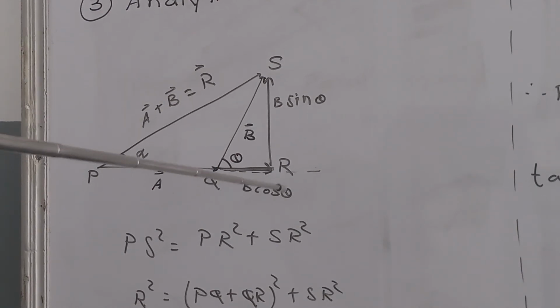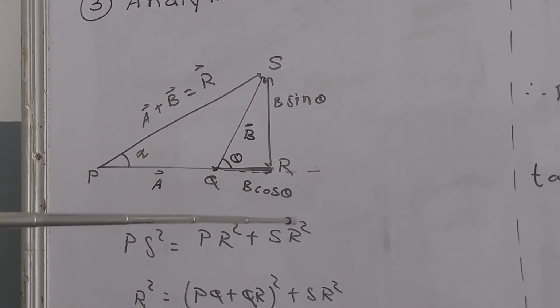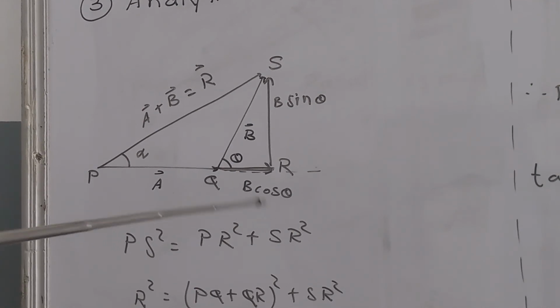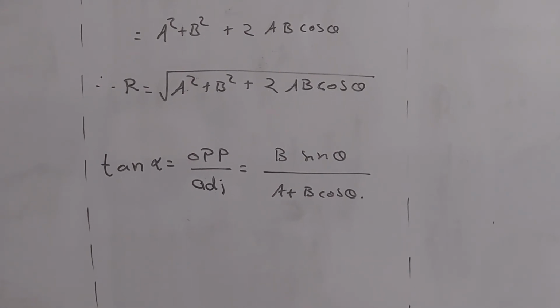It is B sin theta. What is the adjacent side of angle alpha? It is this side, PR. What is PR? It is A plus B cos theta, this side. So now you can easily say that the value of tan alpha is equal to opposite side by adjacent side, which is B sin theta upon A plus B cos theta.